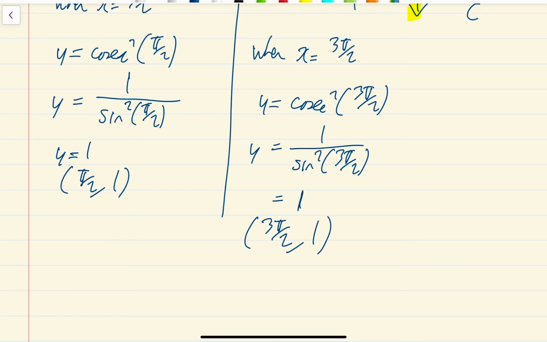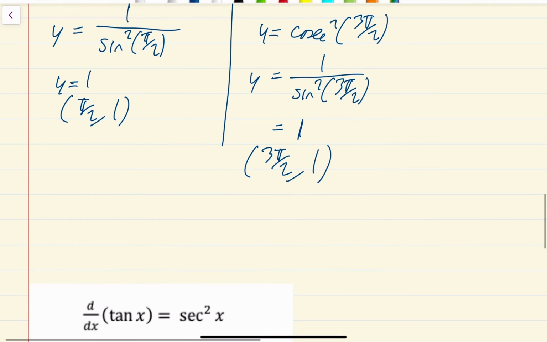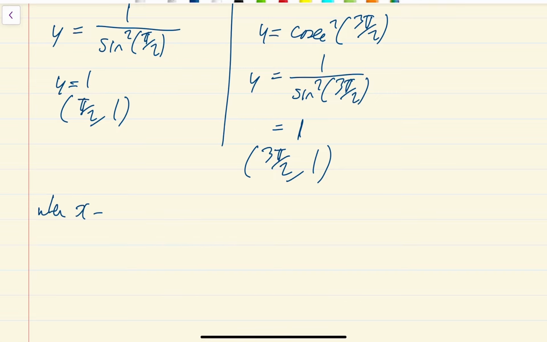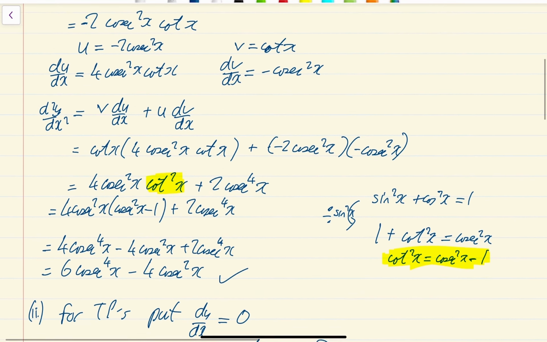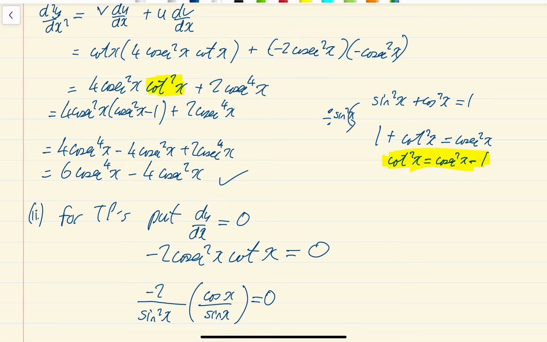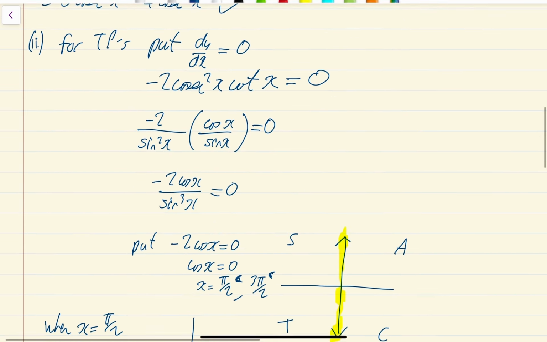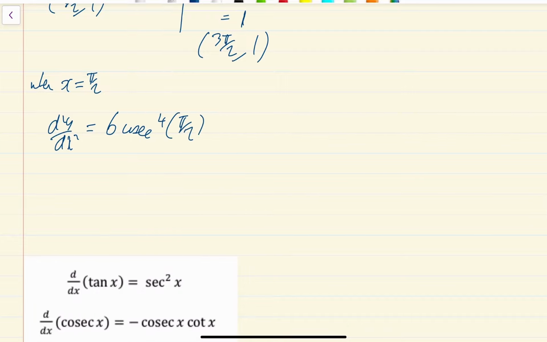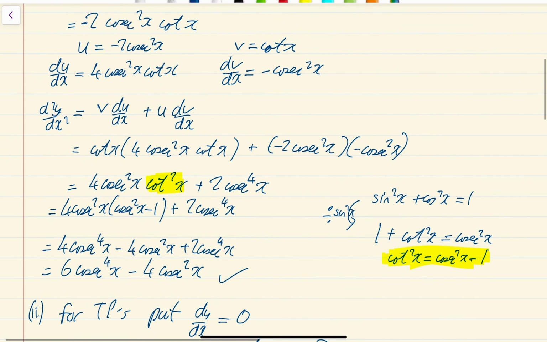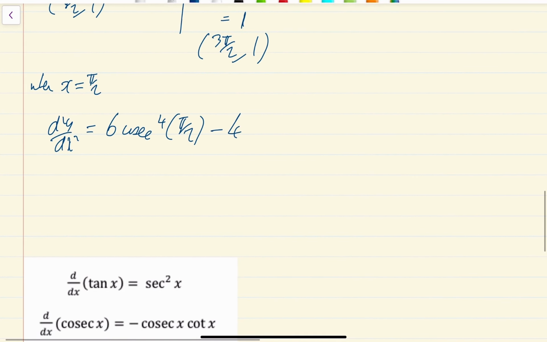And then what we want to do is find their nature. So to find their nature, you've got to sub them in. So just say when x is equal to pi over 2, our whole horrendous looking d2y by dx squared, so what was it? 6 cosec to the power of 4x minus 4 cosec squared. So my d2y by dx squared is going to be equal to 6 cosec to the power of 4 of pi over 2 minus 4 cosec squared of pi over 2.